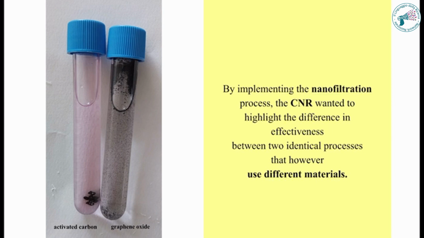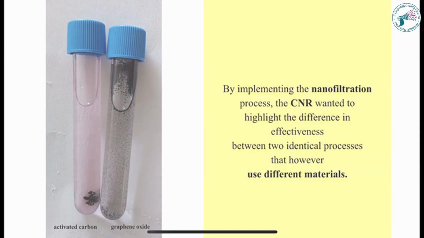By shaking the 2 test tubes, it was possible to notice a better separation by the graphene oxide compared to the activated carbon, since graphene oxide has an adsorption surface more than double that of activated carbon.